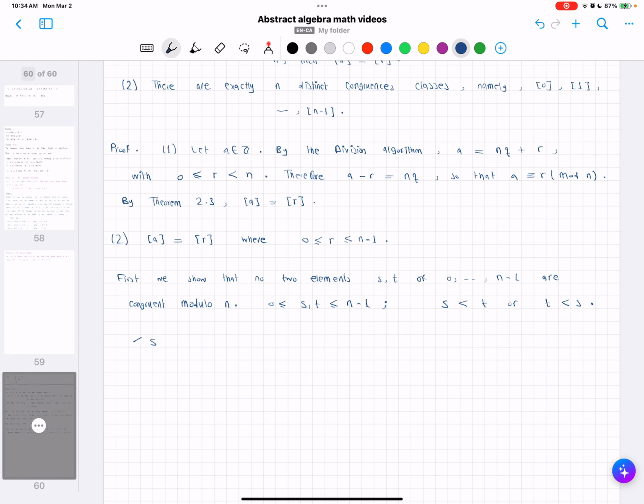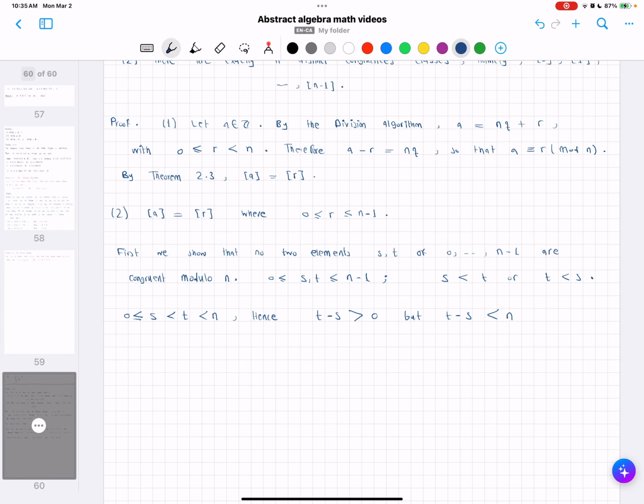So we have that S is bigger than or equal to 0 and T is less than n. Hence T minus S is bigger than 0, but T minus S is less than n.